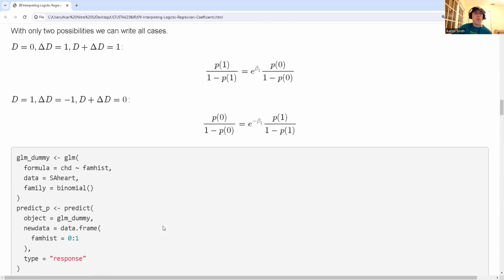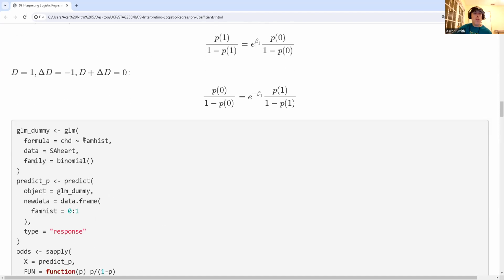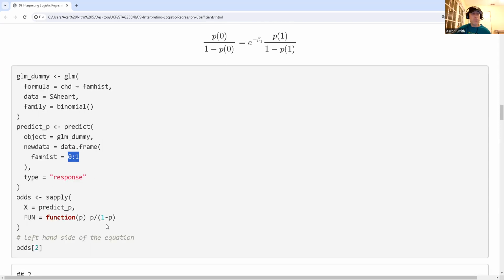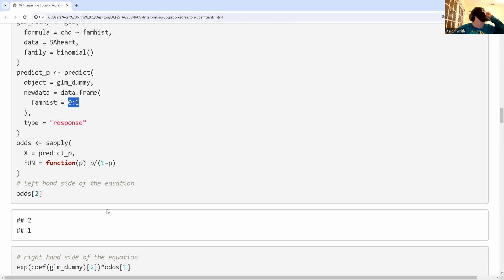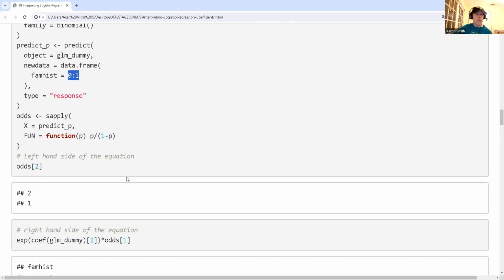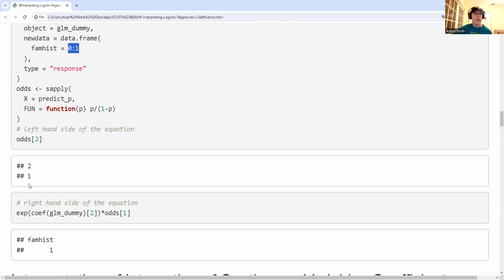So let's verify this and double check that it is correct. Here I'm going to use family history, which is the column that has the dummy variable in it. We've got 0 and 1 as our two levels of prediction. If I take the left-hand side of the equation, I get a 1.